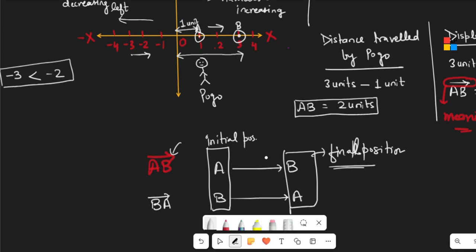So this is the basic difference why we put arrow on any vector quantity. This makes the initial and final position. But in the case of distance, if I write it is BA is 2 units, that will not make any difference, because here the initial and final position are not important, but the actual path traveled is more important.